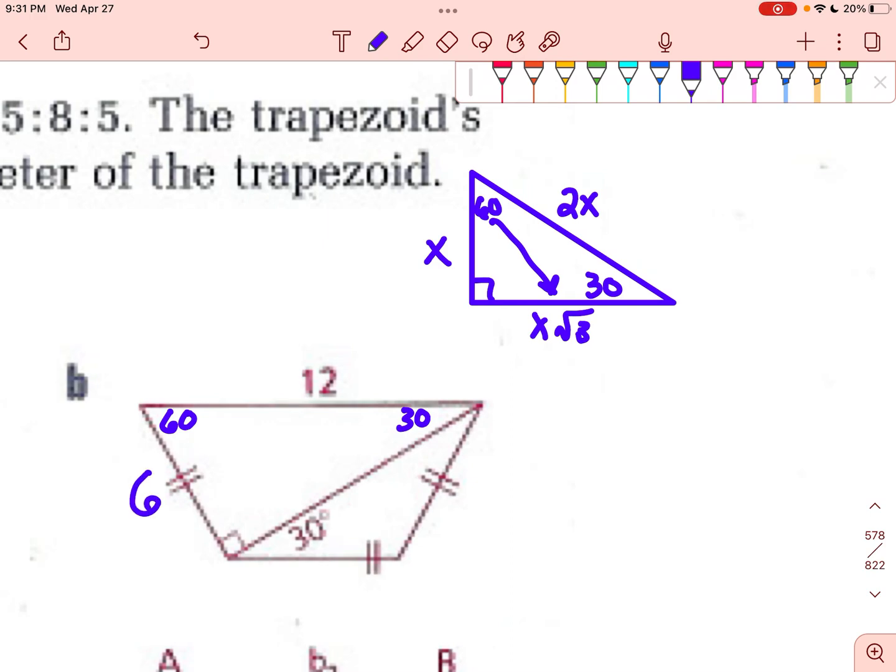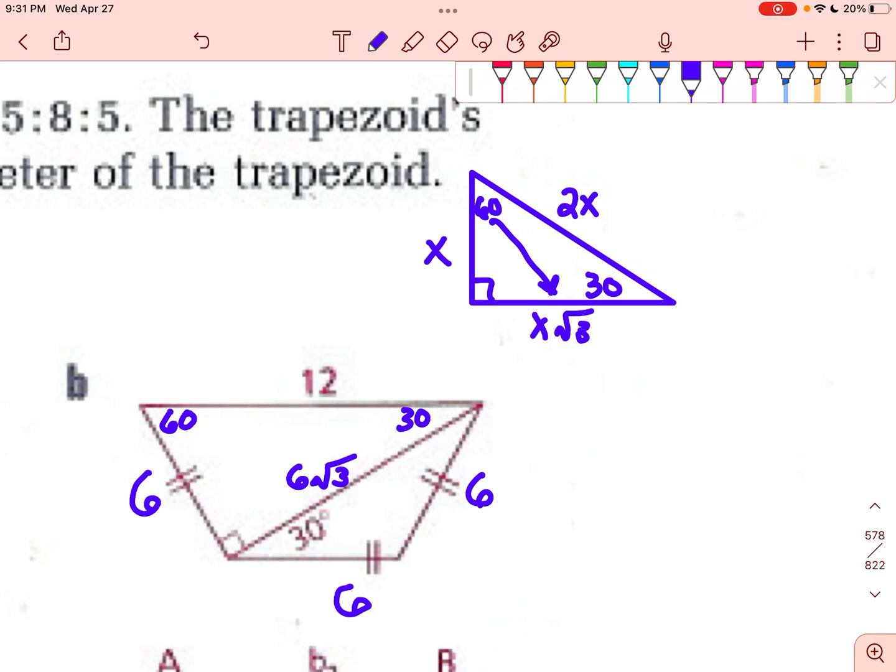So this side obviously has to be 6, and then just in case I'll need it, this side right here has to be 6 root 3. Now I see some tick marks here, and so those tick marks are telling me that this also has to be 6, and that this bottom piece also has to be 6.